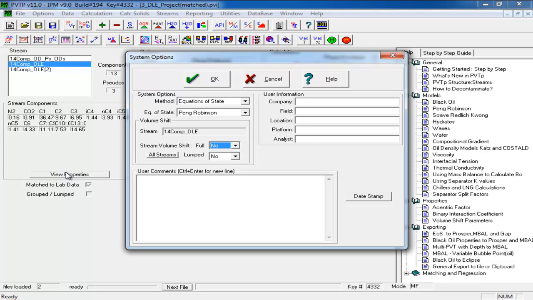What you have to do here, if you don't use volume shift, and your first step is to match this point, you want the equation of state to match this point. This is your equation of state, the black one, and the red one is the real behavior. So now imagine that you are going to shift all of this to match this point. So now you will have it like this.